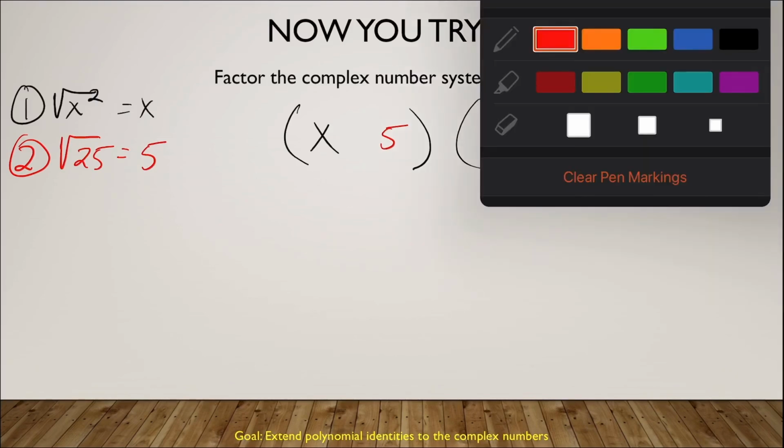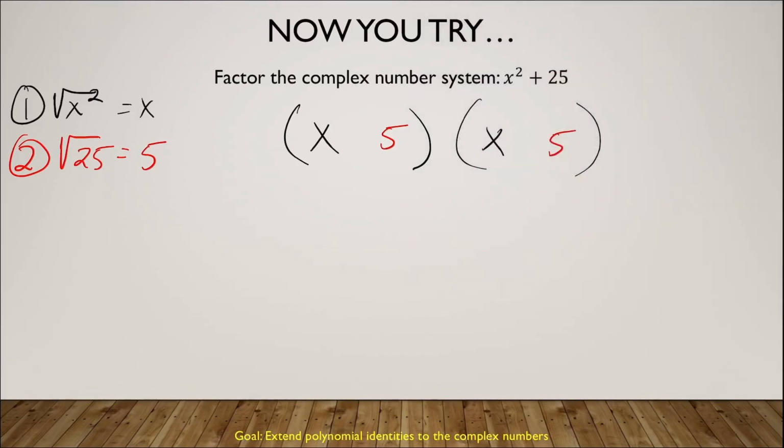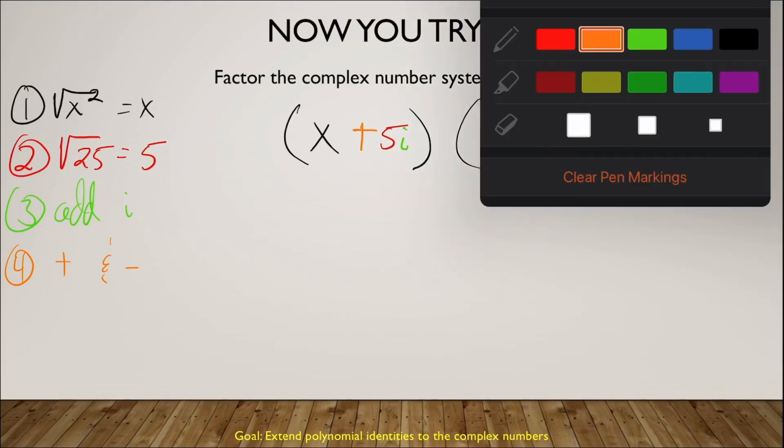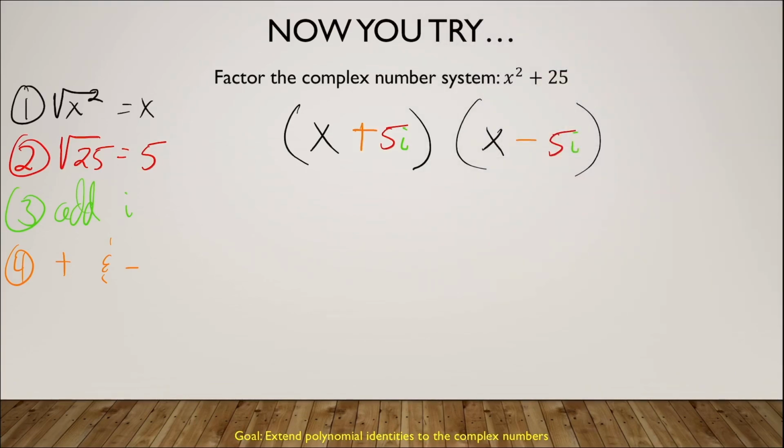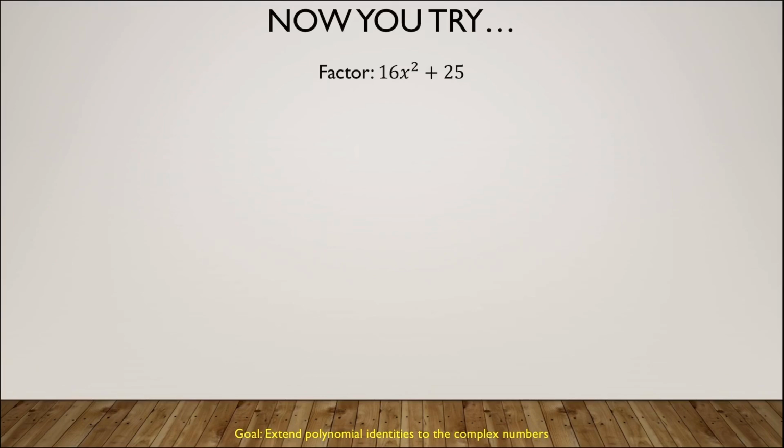Then we're going to add i to the second piece. And then for my last step, one's a plus and one's a minus. So x squared plus 25 factors to be x plus 5i times x minus 5i.